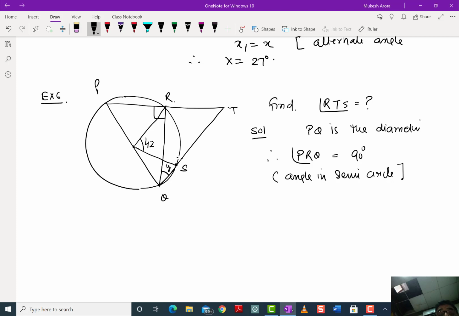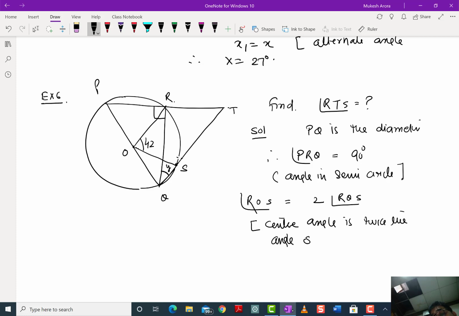Angle ROS is equal to twice the angle RQS, center angle is twice the angle subtended at the arc. So this is 42 by 2, is equal to angle RQS is equal to 21 degrees.